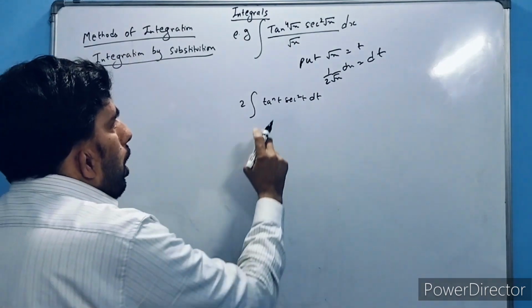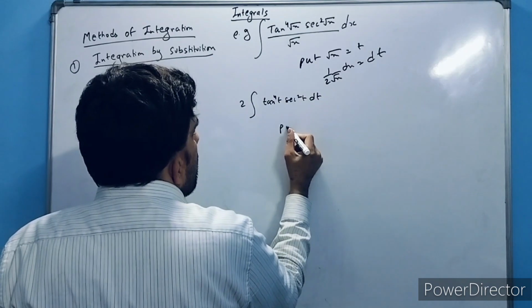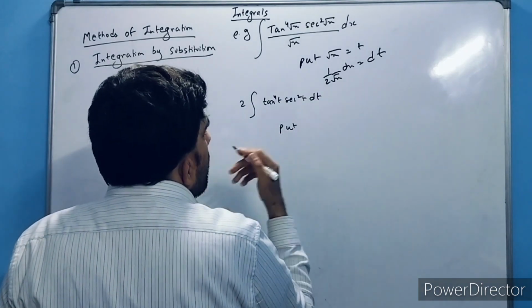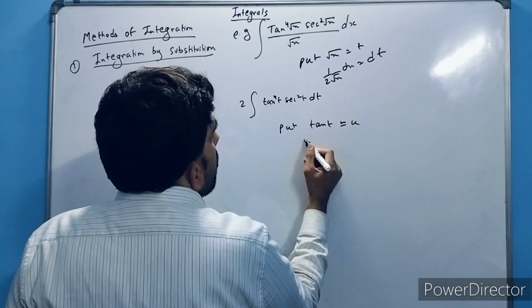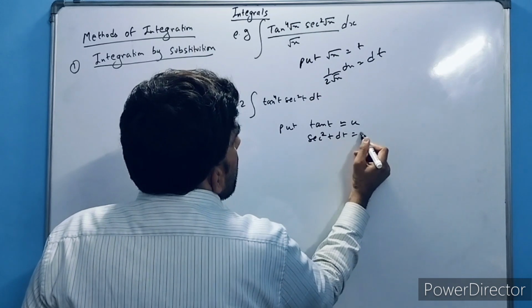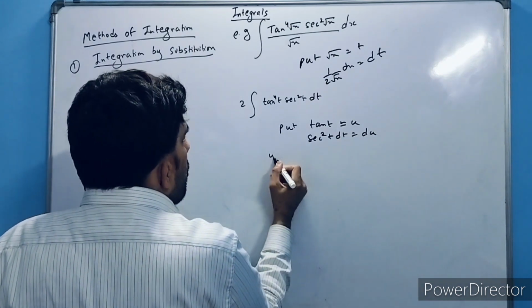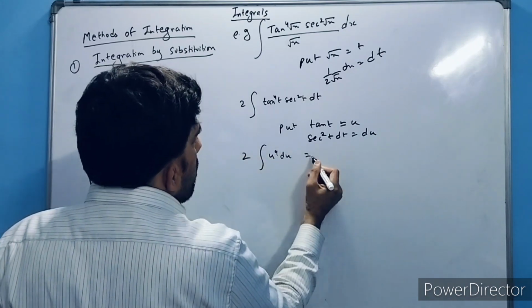And now I will do another substitution here. Put tan t equal to u, so that sec square t dt is equal to du. So I get u to the power 4 du.